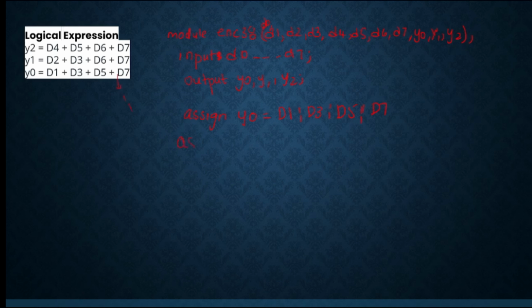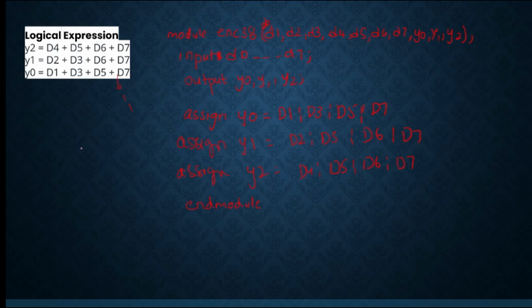Similarly for the remaining two: assign Y1 equal to D2 or D3 or D6 or D7, and for Y2, D4 or D5 or D6 or D7. And then endmodule. That's it. This is your basic code. That is all you need to do.